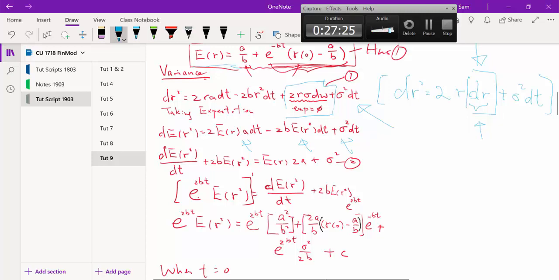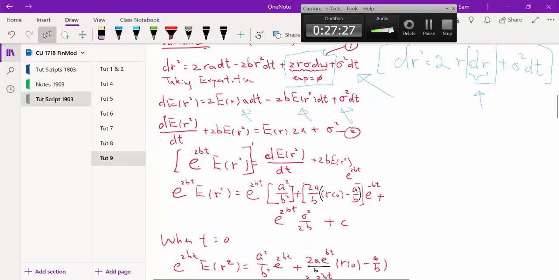And what you do is you take the dt to the other side. All I've done is you take the dt here, dt here, dt here, and then you move the 2b times the expectation of r square also to the other side. So you take this term to the left hand side.